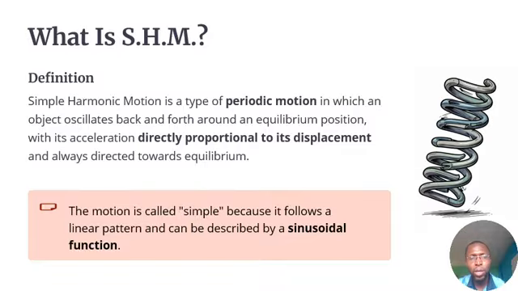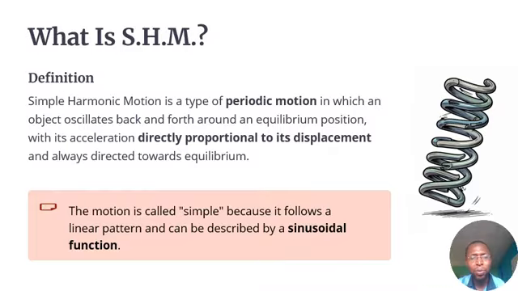Simple harmonic motion is a type of periodic motion in which an object oscillates back and forth around an equilibrium position, with its acceleration directly proportional to its displacement and always directed towards equilibrium. It's called simple because it follows a linear pattern and can be described by a sinusoidal function.